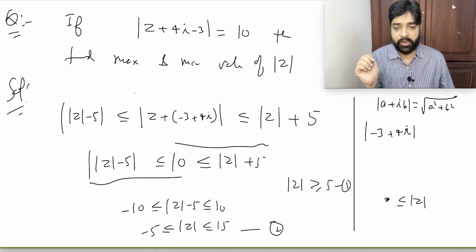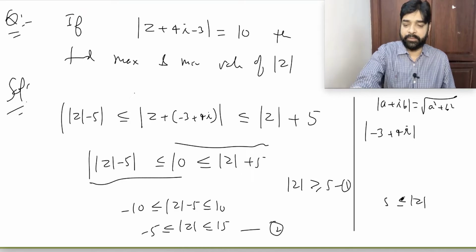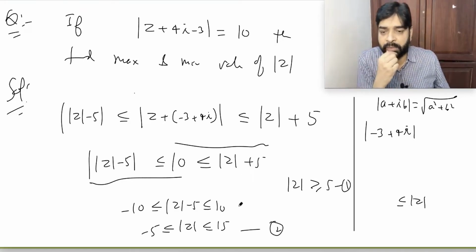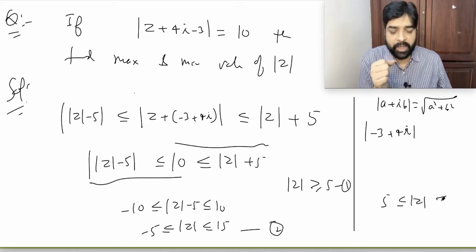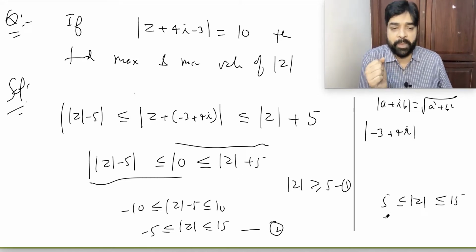No, something wrong, write it. Something wrong. What is wrong? Minus 5, 15, correct. Greater than or equal to 5 here, sorry. So mod z greater than or equal to 5 but less than or equal to 15. So minimum value 5 and maximum value 15.